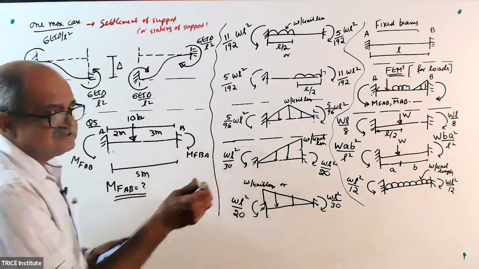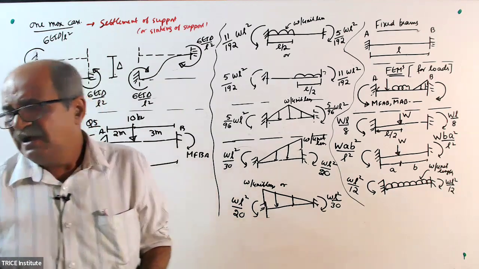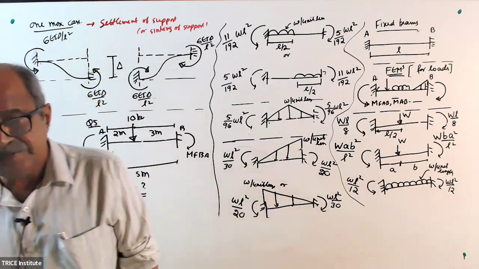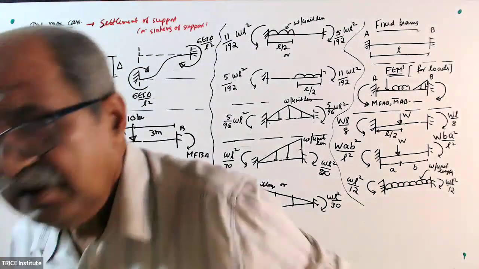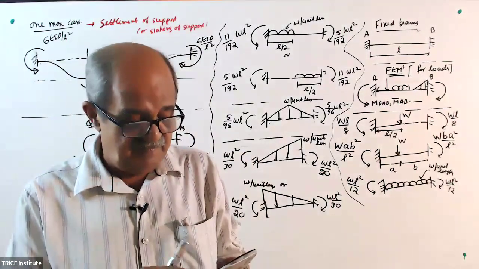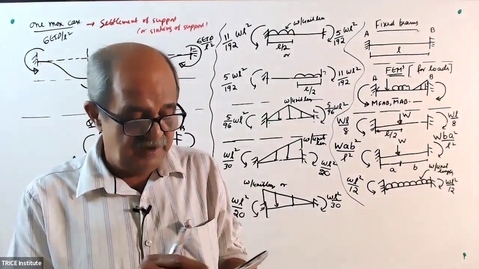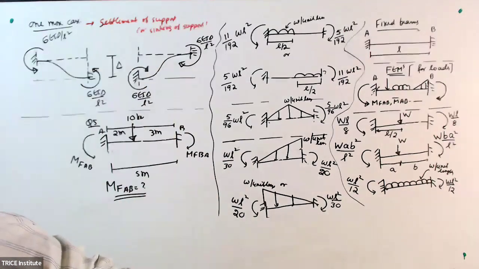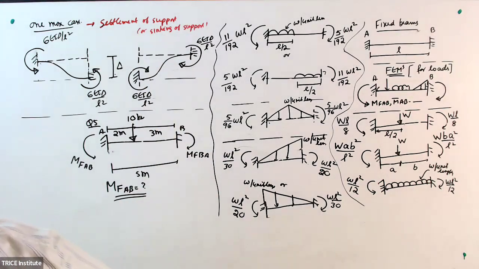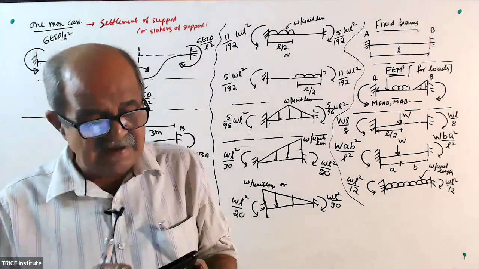Tell the answer fast. How much answer? Where's the calculator? You tell me the answer, then I solve it. Try. Some options are there. Leave the options. We will get the answer there. What is the answer?